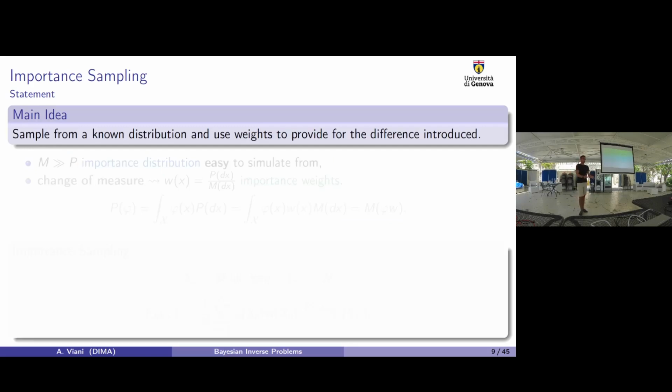Okay, so the main idea is I'm not able to sample from P. I would like to introduce some other measure where I am able to sample from, and then I'll do something in order to fill the gap between these 2 measures.